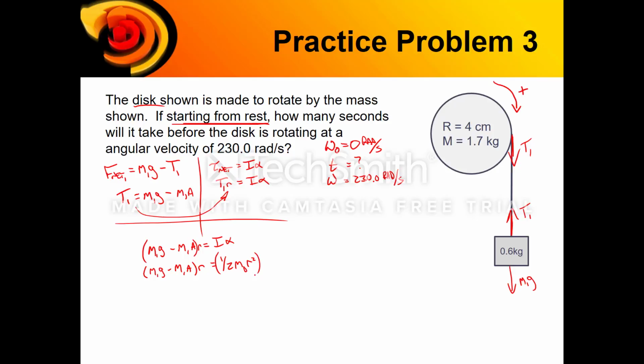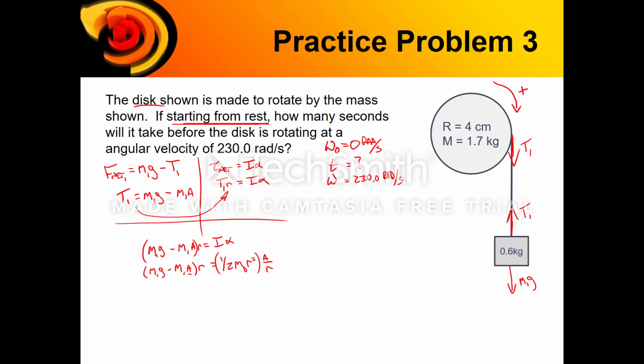Again, we've got an a on this side, so that's a linear acceleration, and on the other side we have alpha. So let's substitute a over r in for alpha. We're in the realm of our Atwood's machine, so we can continue on here.